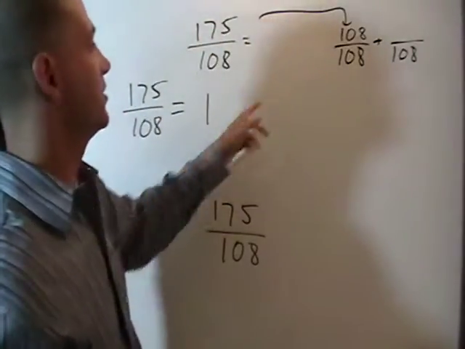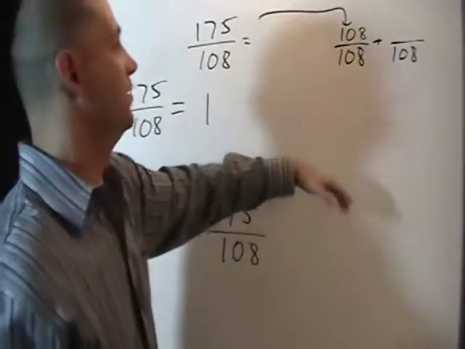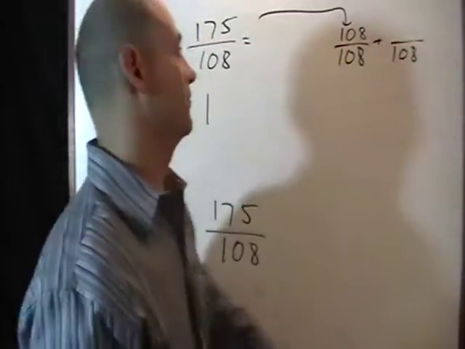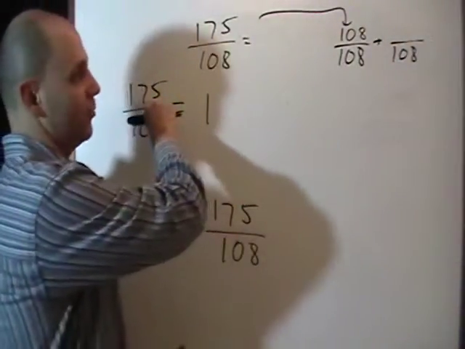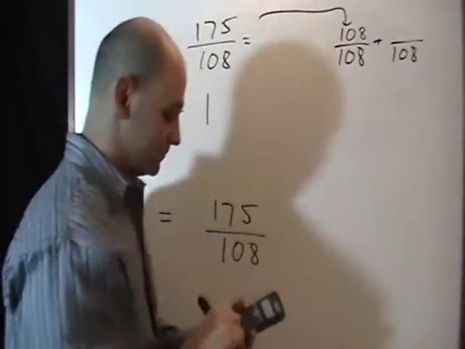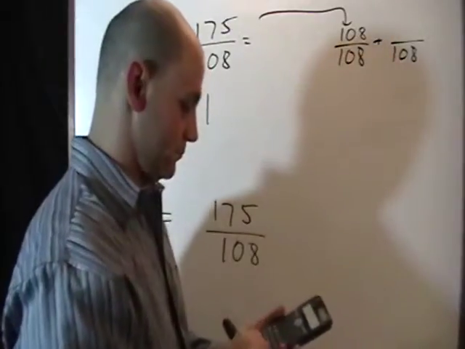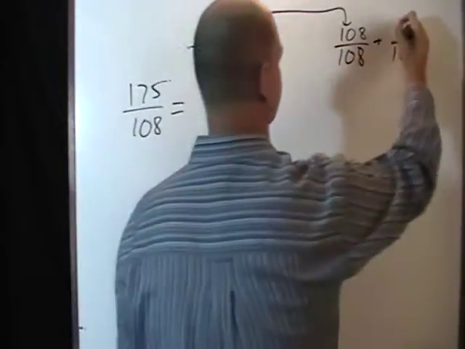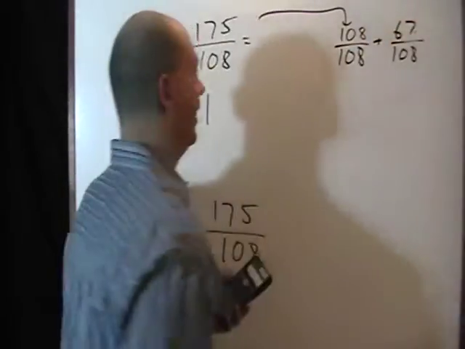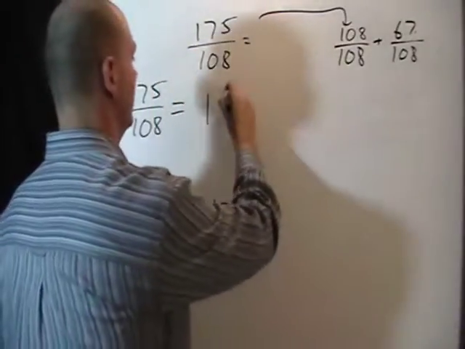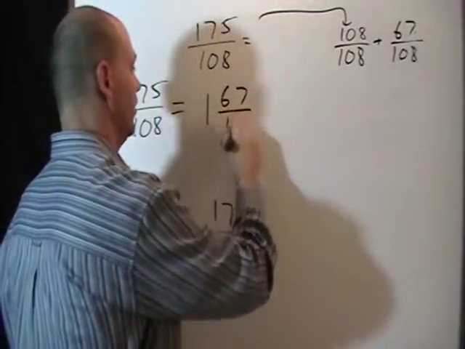We already have 1, which is equal to 108 over 108. So how many do we need left over? Well, we just take 175 minus 108, and you get 67. And so you know the answer is going to be 1 and 67 108ths.